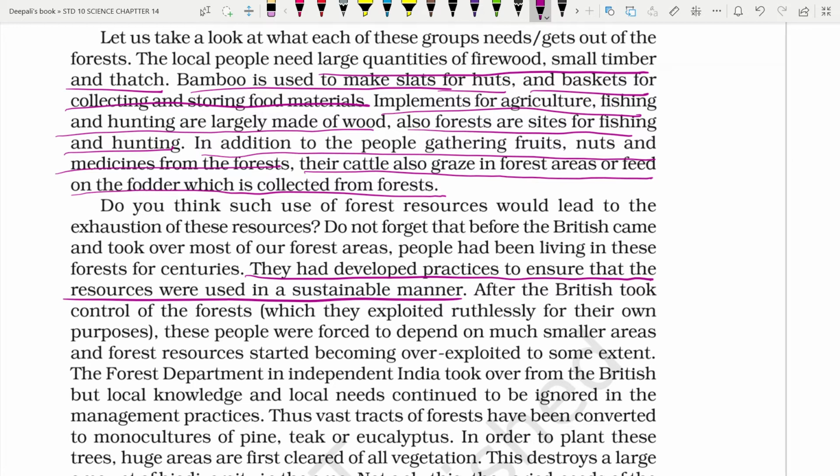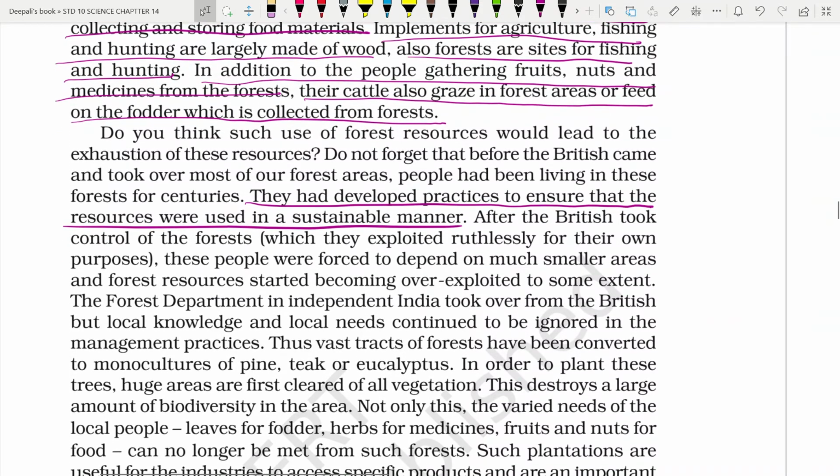That was Indian culture. But after the British took control of the forest, which they exploited ruthlessly for their own purpose, these people were forced to depend on a much smaller area and forest resources started becoming overexploited to some extent. The Forest Department in independent India took over from the British, but local knowledge and local needs continued to be ignored in the management practices.